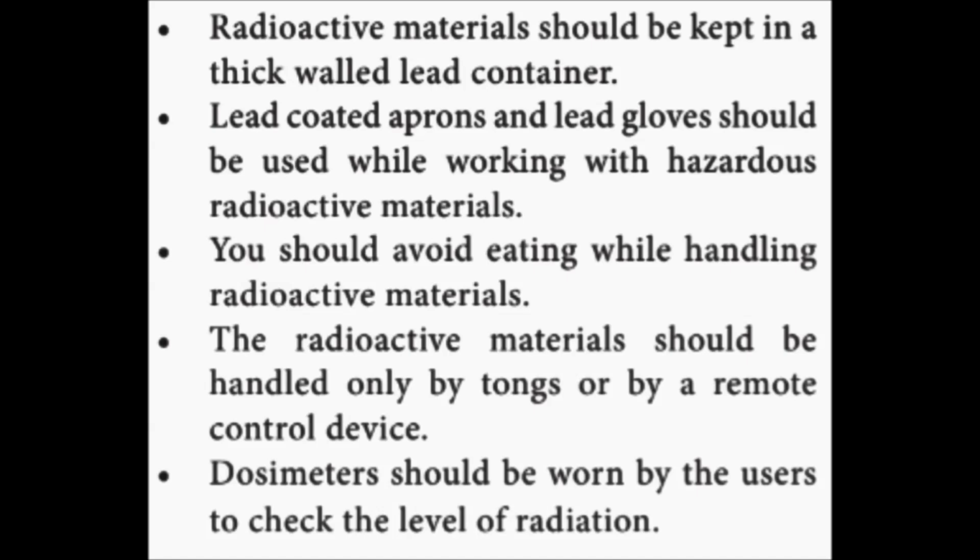You should avoid eating while handling radioactive materials. The radioactive materials should be handled only by tongs or by a remote control device, not by hands. Dosimeters should be worn by the user to check the level of radiation exposure when working in radiation.